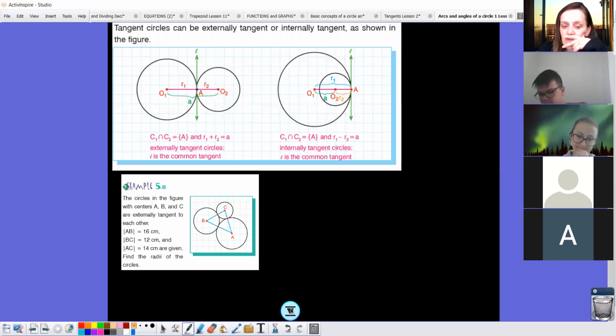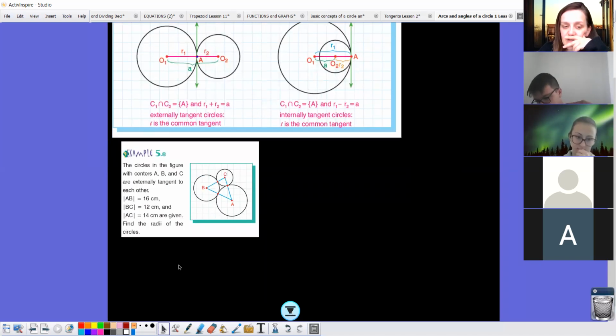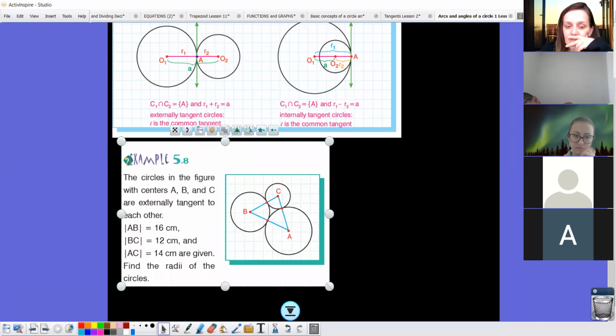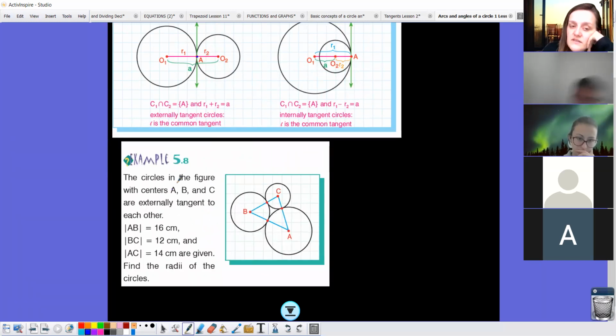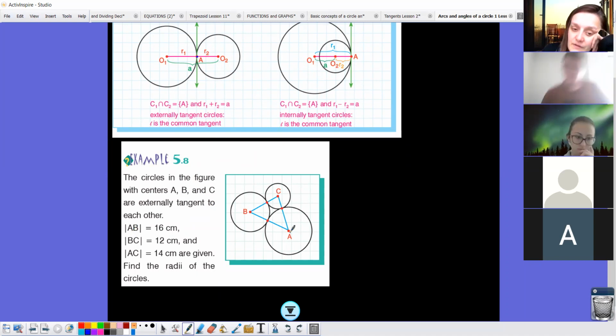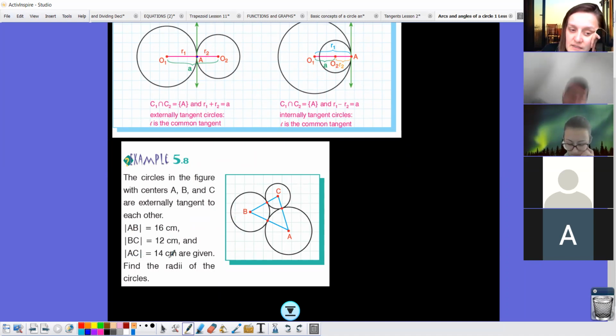Now, let's see what we have in this question. Circles in the figure with centers A, B, and C are externally tangent to each other. AB is 16, BC is 12, AC is 14.